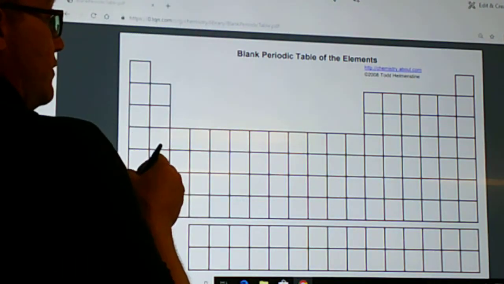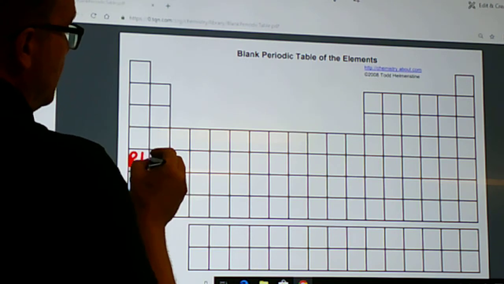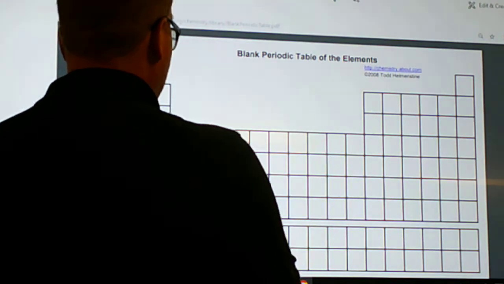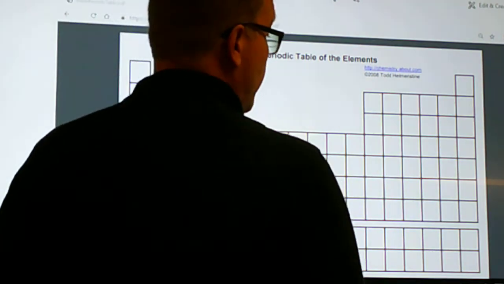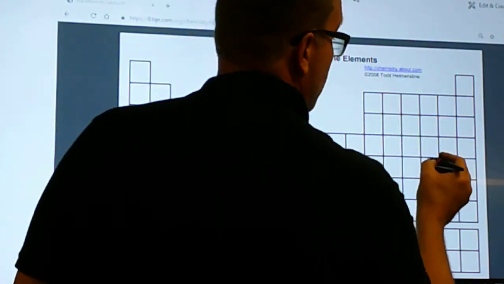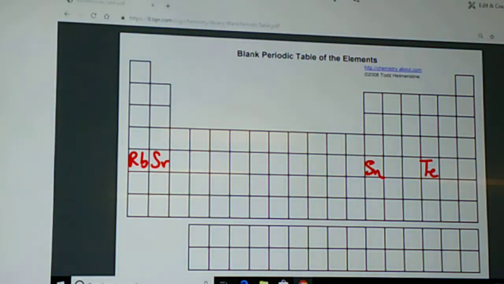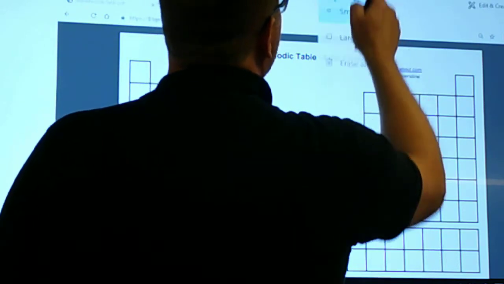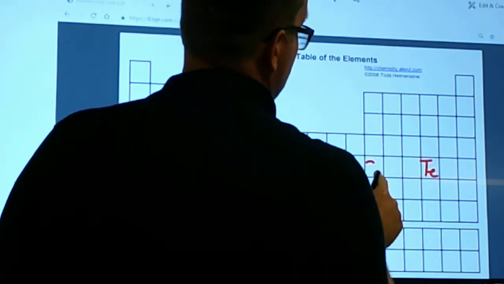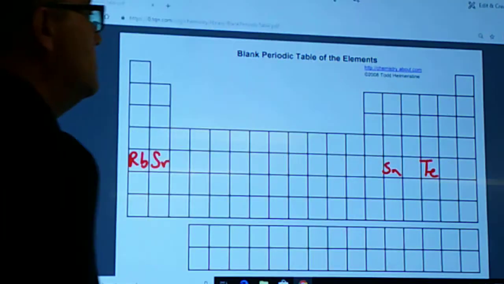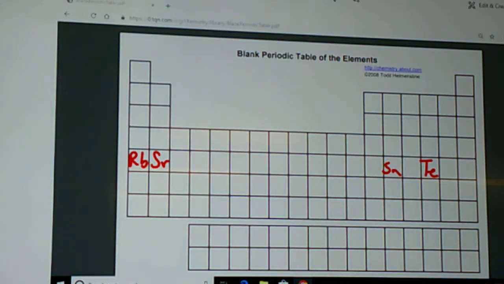Let's say which one has my highest increase between, let's see, Rb, and let's see, Sr, Sn, and let's go Te. I think that's where Te is. That's not where Sn is. Well, again, you're going to look at your valence electrons.